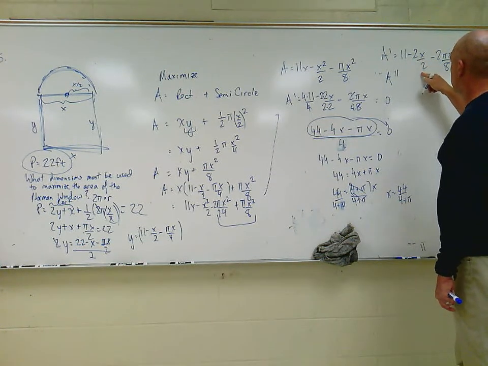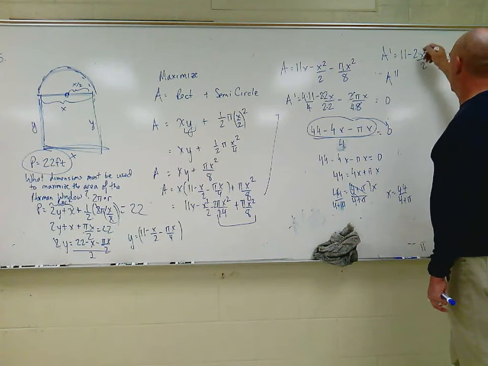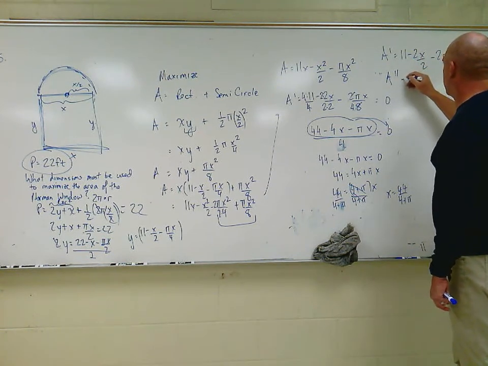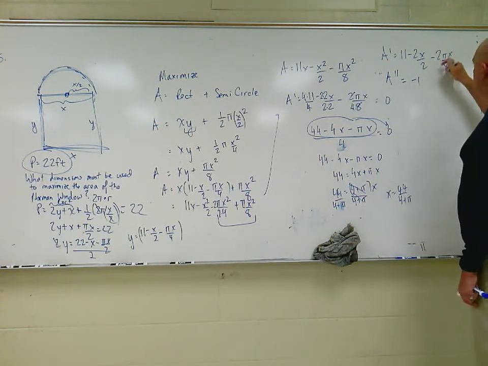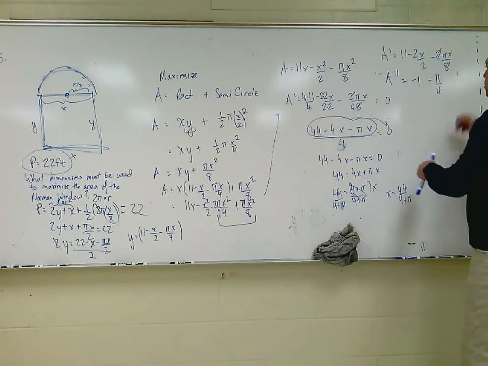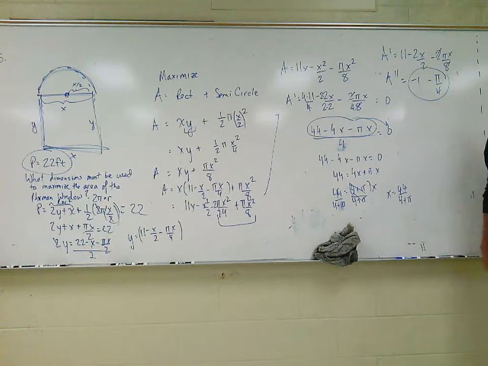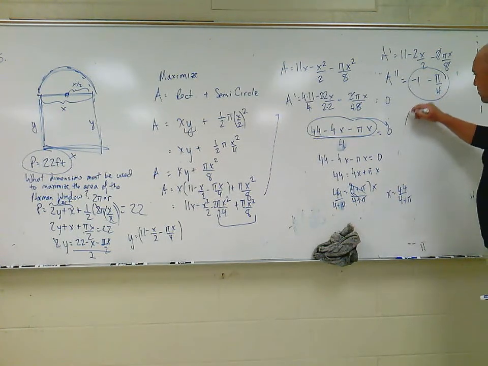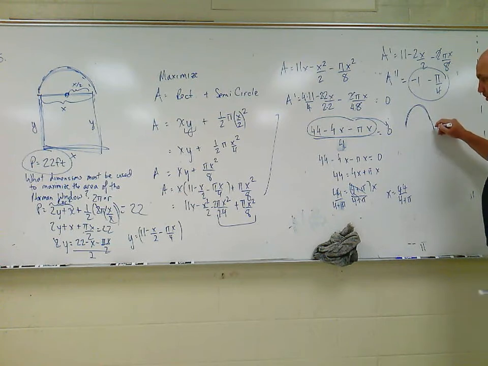Negative 2x over 2 is just negative x, so that's just negative 1. And this is minus pi over 4. So notice that in my second derivative, the x's are gone. All I get is negative. If my second derivative is negative, that means my graph is concave down. So if that's the critical number, then that has to be the peak. So that's a maximum. Okay?